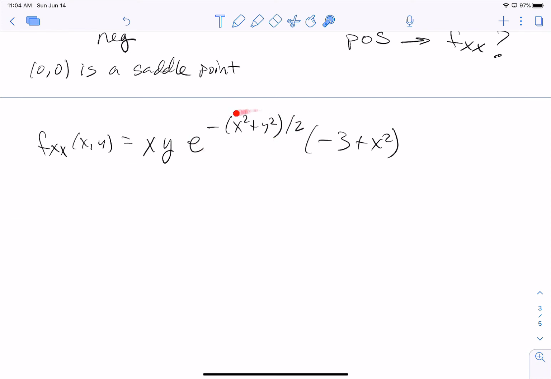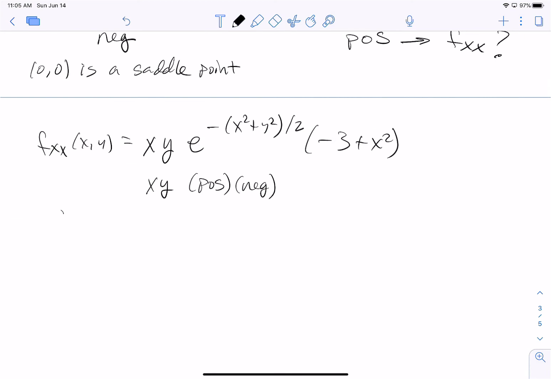That will always be positive because e is a positive base. And then we have negative 3 plus y squared, negative 3 plus x squared. And whether x is positive or negative 1, that's a negative value, right? So what we have is xy times a positive number times a negative number.